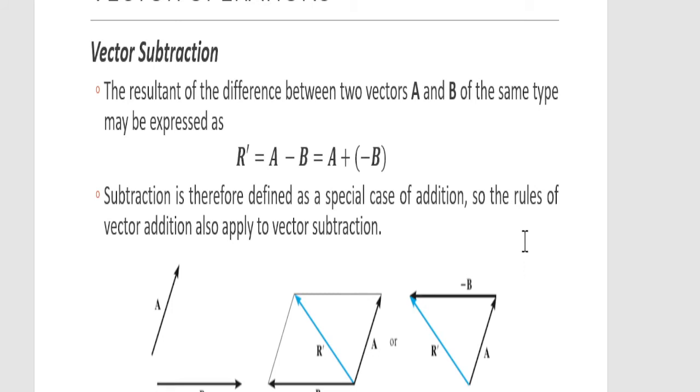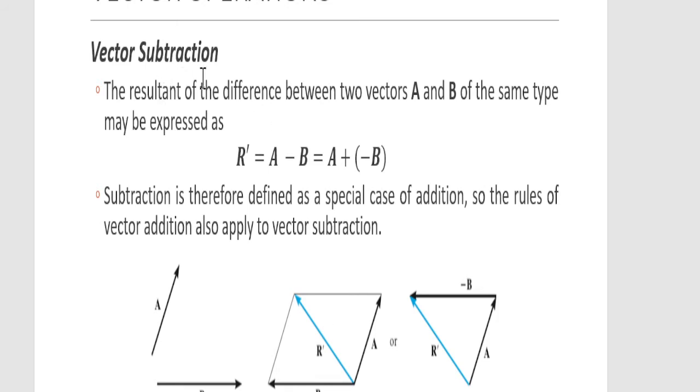Then we can also perform the vector subtraction. Usually the vector subtraction is just the inverse of vector addition, or we can also define subtraction as a special case of addition. The only difference will be the direction of the vector.